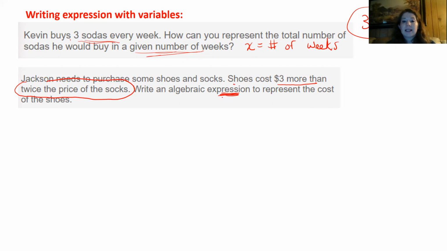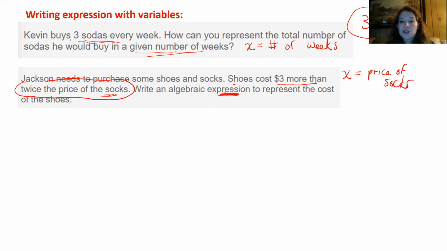Well, let's see. What do we know about shoes? We know compared to the price of socks, shoes cost 3 more than twice the price of socks. So let's say the price of socks is the variable X, because we don't know how much the price of socks is.